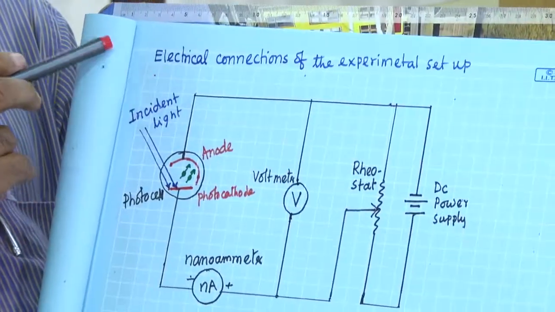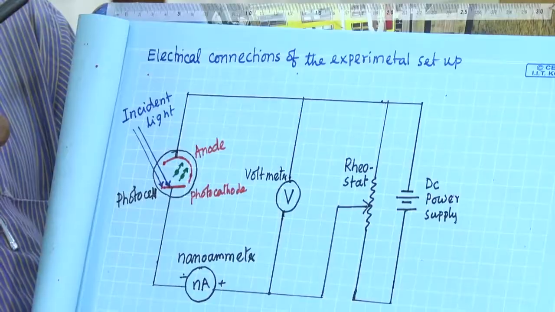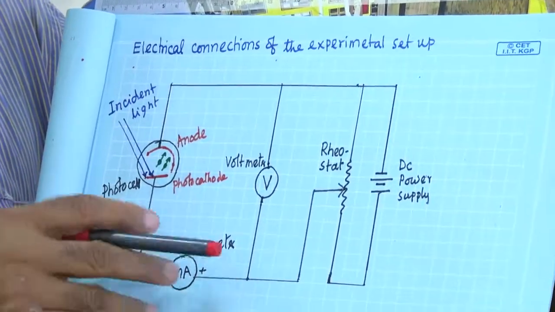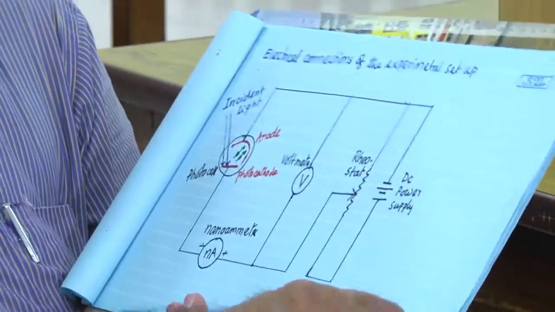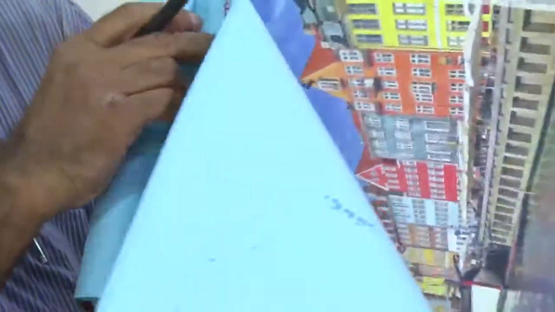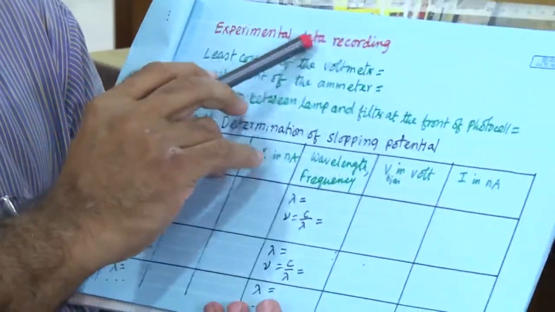Thus, we will change the intensity of light falling on the photocell, and we will see how the current is changing. There is a table for noting down the experimental data.